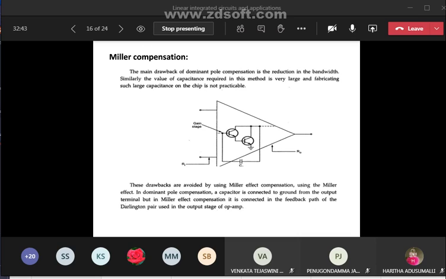Similarly, the value of capacitance required here is very large, and fabricating such a large capacitance on the chip is not practical. So one drawback is low bandwidth, and the second is that fabricating a large capacitance on the chip is not practicable.